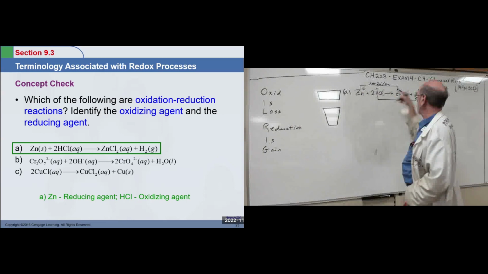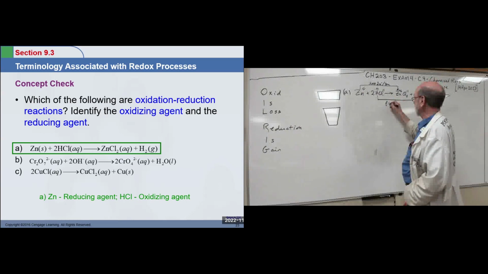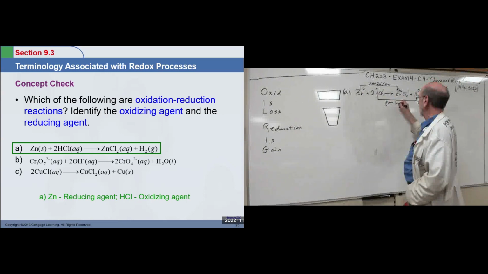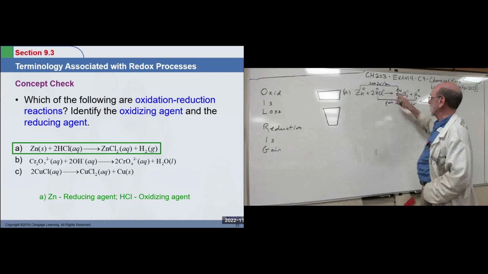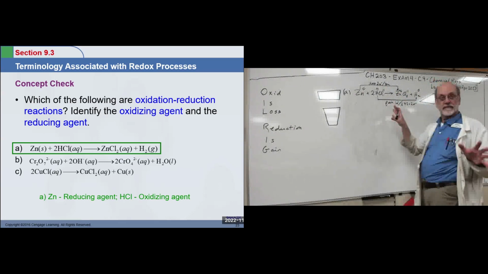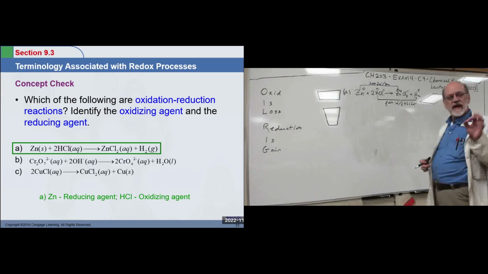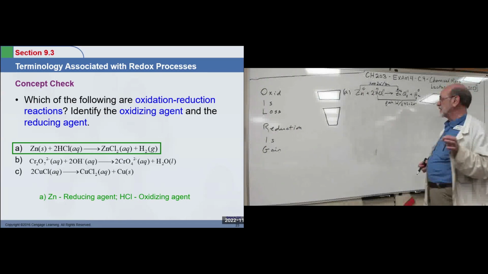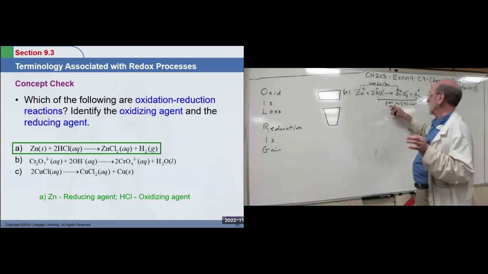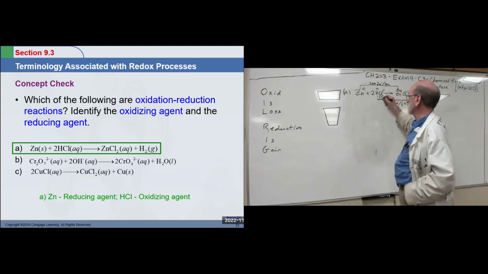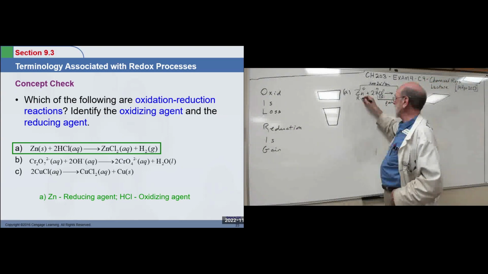When we go from +1 to 0, we had to gain 1 electron per hydrogen, times 2 equals 2 electrons. So that means 2 electrons balance. Okay, which one's the oxidizing agent? The oxidizing agent is the one that's reduced, the one that gained electrons. This is the oxidizing agent. This is the reducing agent.